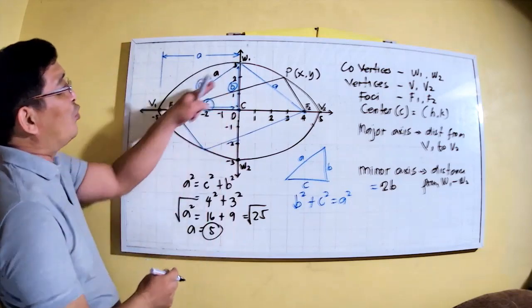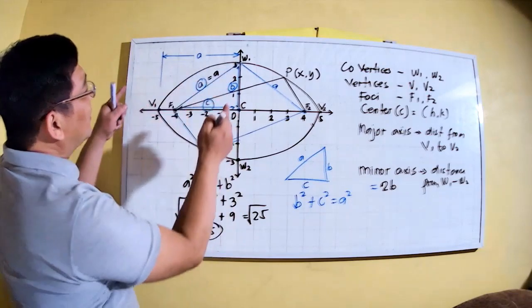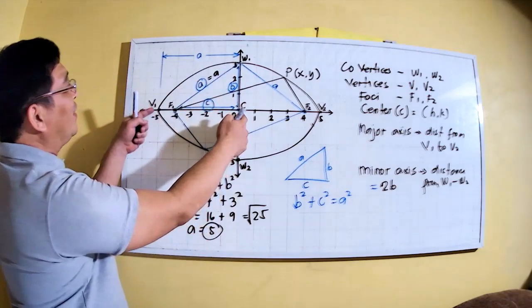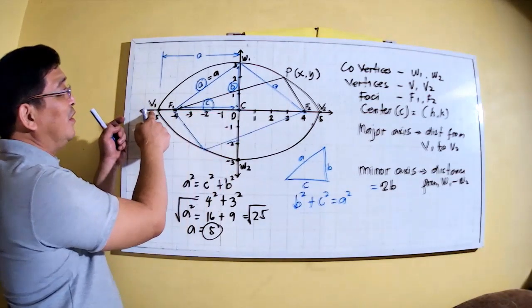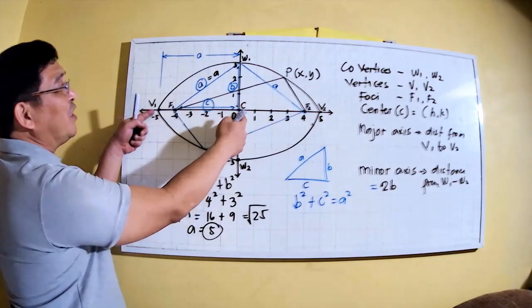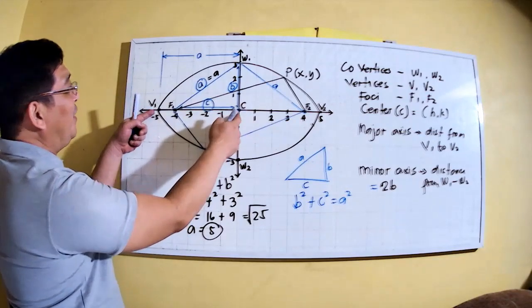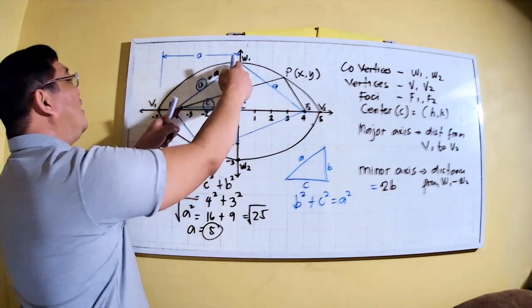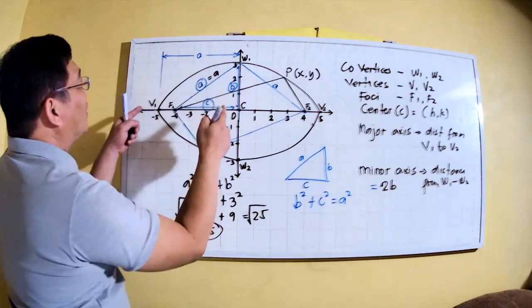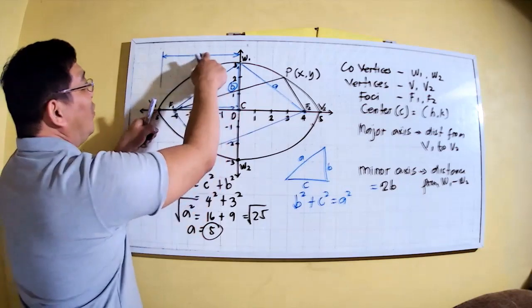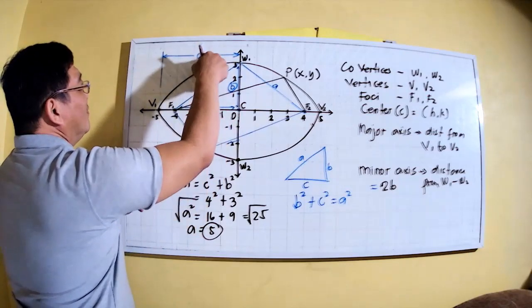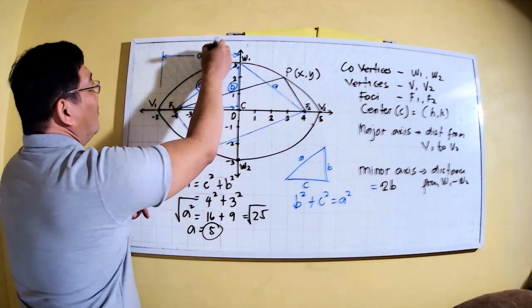If A is equals to 5, you will see on this graph, we have a distance from center to vertex 1 is equals to 5 units away from the center. Meaning, our distance A is also equals to the distance from center to the vertex, which is equals to 5.